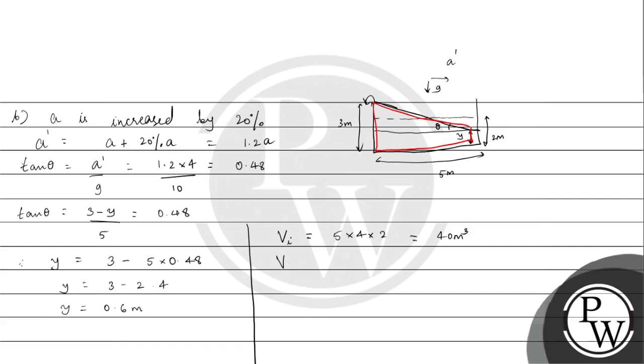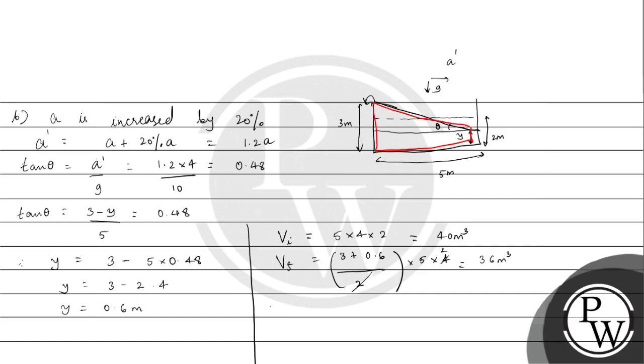So final volume is 3 plus 0.6, which is the value of y, divided by 2. So this is the formula for the volume of a trapezoid, into 5 into 4. So this comes out to be 36 meter cube.